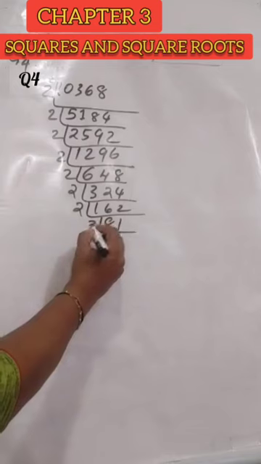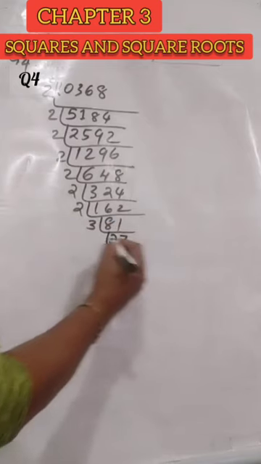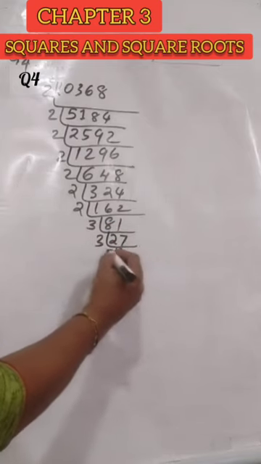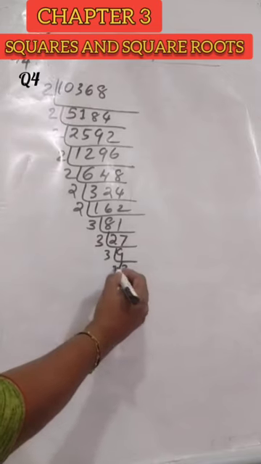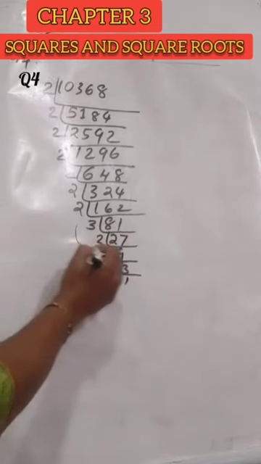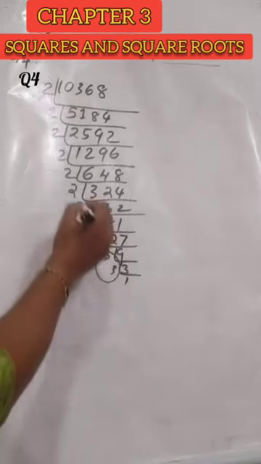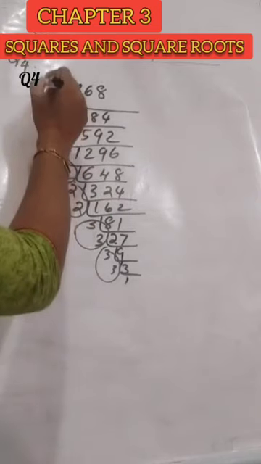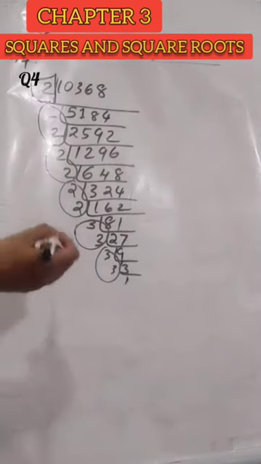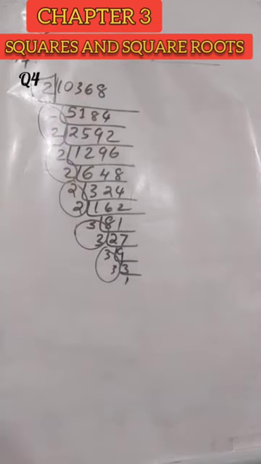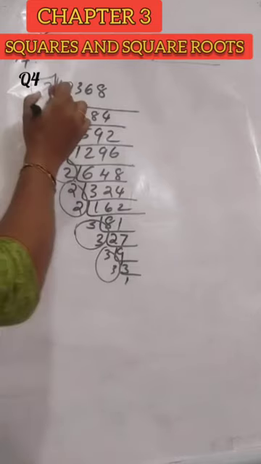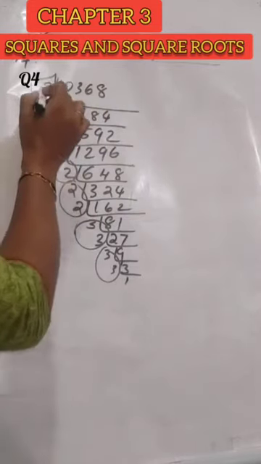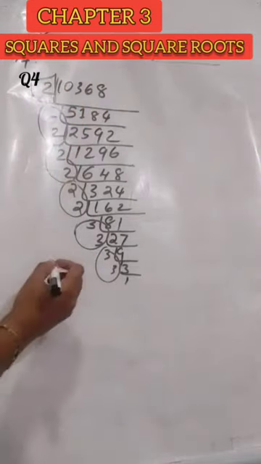And then it is divisible by 3, 27. Again 3 9s, 3, 3, again 3, 1. So you can see all other prime factors are in pairs except this 2. So if 2 is not there, this number may be a perfect square number, no? Or if we divide this given number by 2, we get a perfect square as the result.